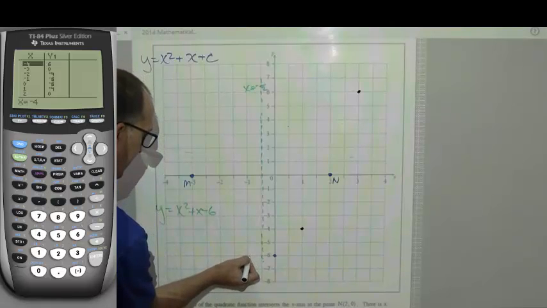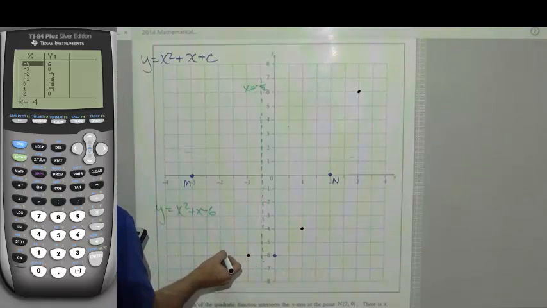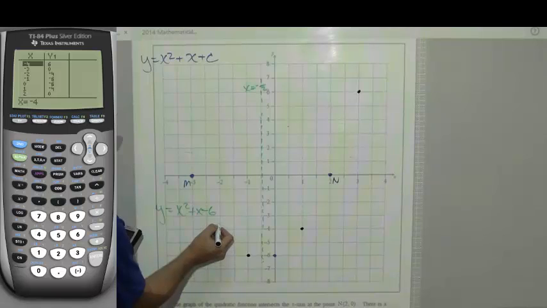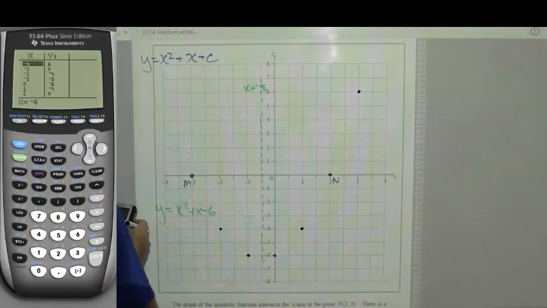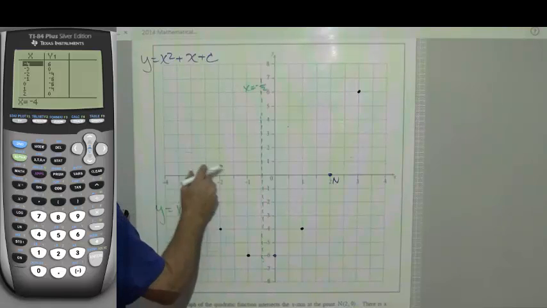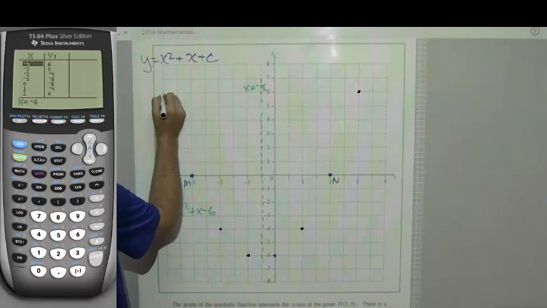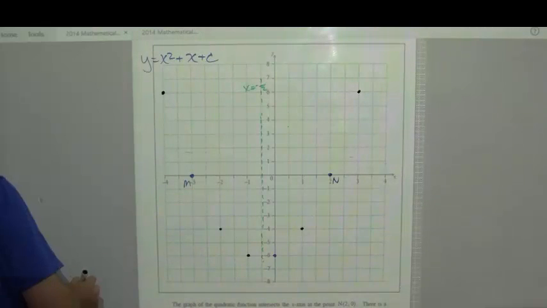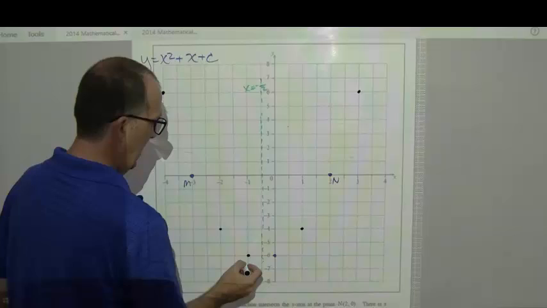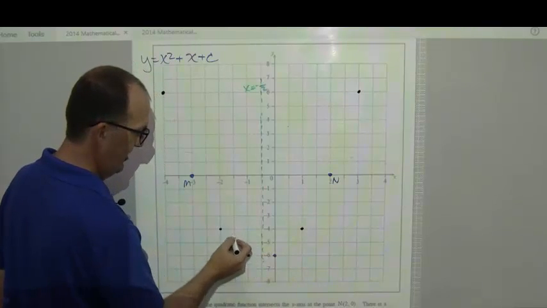-1 should be -6. And then -2 is -4. And 3 is 0. And -4 is 6. Let me get rid of my equation now. I'm not going to draw a straight line here. It's a parabola.